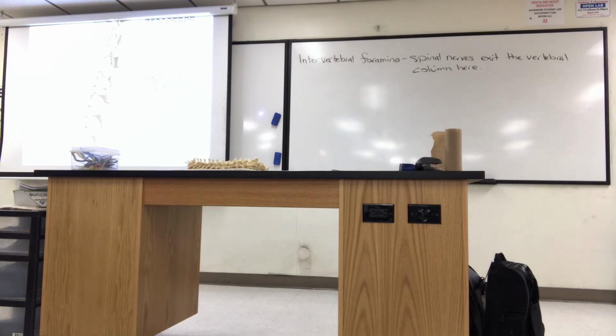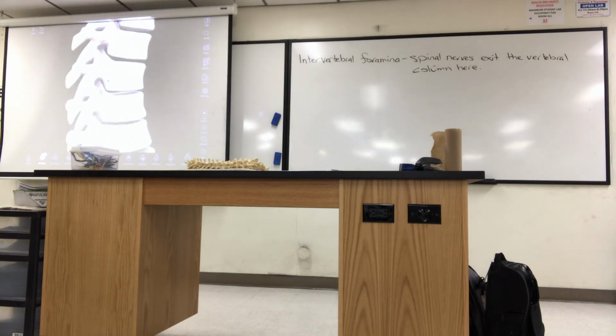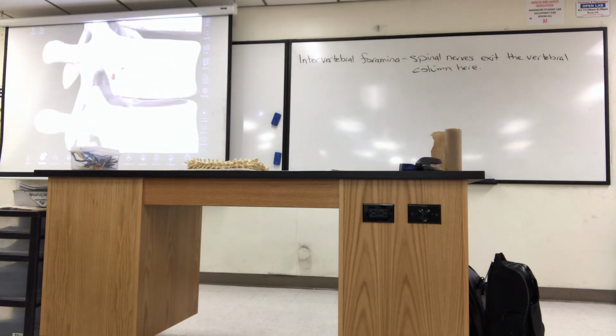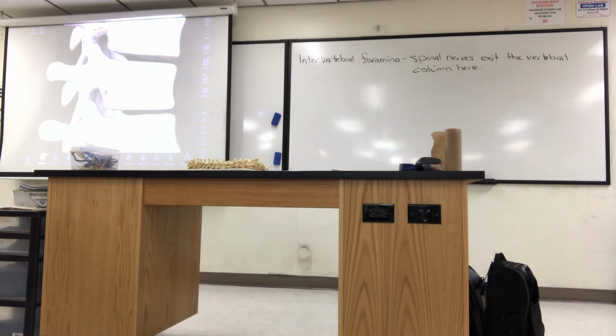So using that app again, if I just really zoom in, let me turn on the nervous system and just look, and you can tell, see something pop out of there.